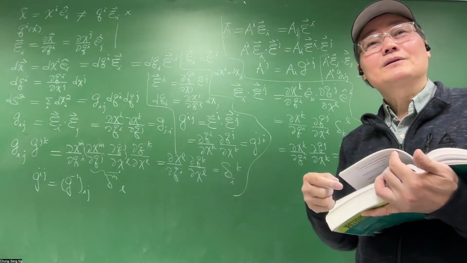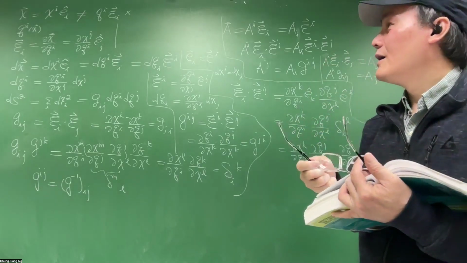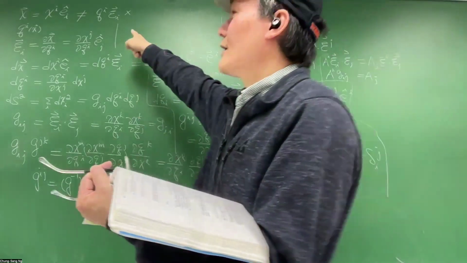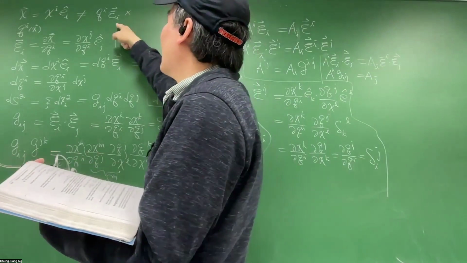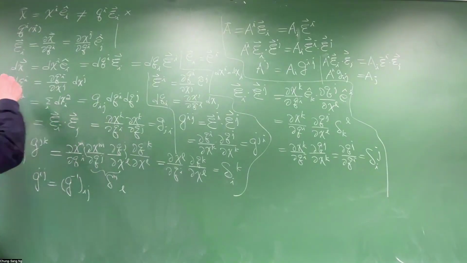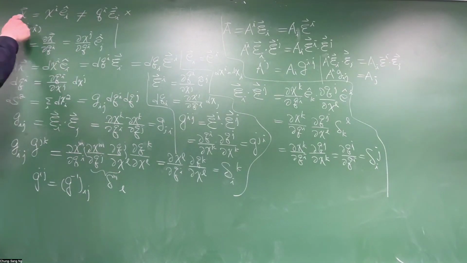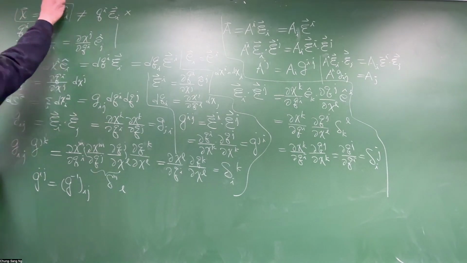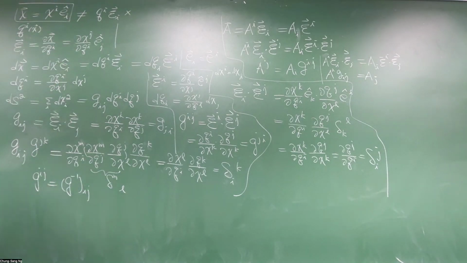Okay, your question? Which line? This line? No, I said this is not correct. You may be coming in a little late, but what I'm writing is the position vector in Cartesian coordinates. You can write it like that.